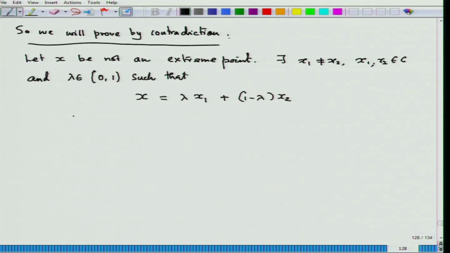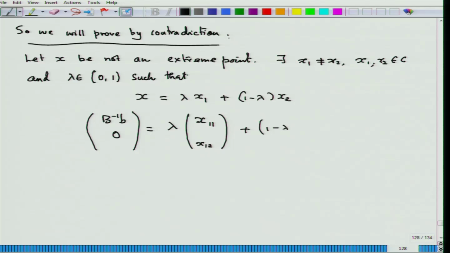Okay. So, x is represented as B inverse b and 0. B inverse b consists of a few rows and columns. Corresponding to the x_B part, I am dividing x1 into x11 and x12, and I am breaking up x2 into x21 and x22.